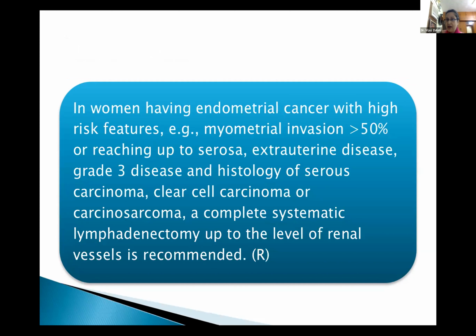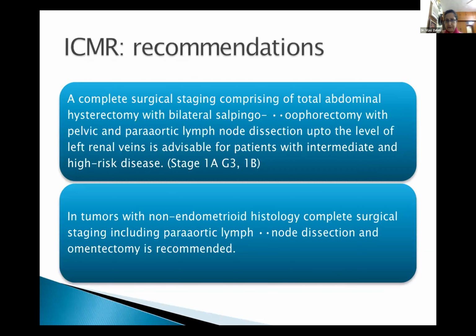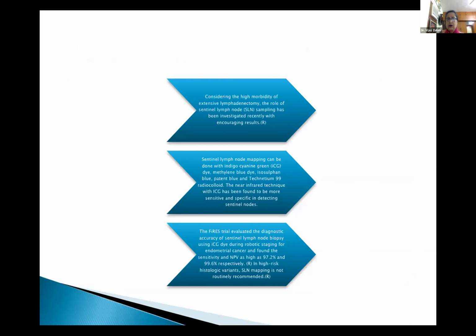So in women having endometrial cancer with high-risk features, where the myometrial invasion is more than 50%, or it's a grade 3 disease, and histology of serous, clear cell, or carcinosarcoma, complete systematic lymphadenectomy up to the level of renal vessel is recommended. And this is the reference which they have quoted for this.